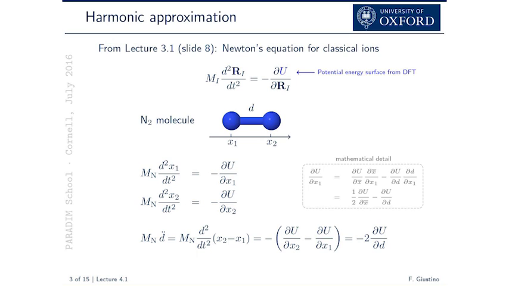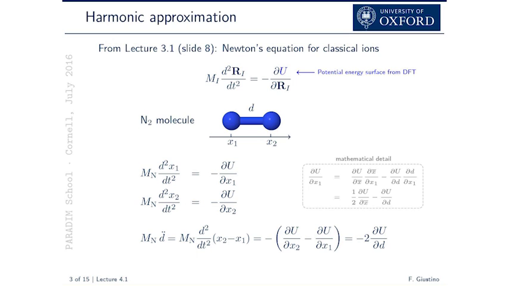If you write down the equation of motion of this atom and this atom along this direction, you find something absolutely trivial: the mass of the nitrogen atom times the second derivative of the position with respect to time is minus dU/dx, which is the force. The same story for the second atom. Now, if you take the difference, the distance, let's say x2 minus x1, you have the mass of nitrogen times the second derivative of the distance with respect to time, which I indicate as a double dot.